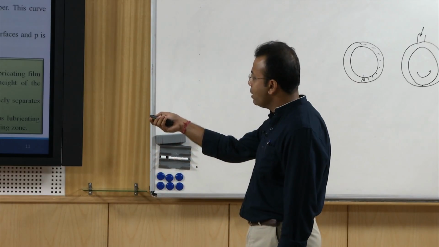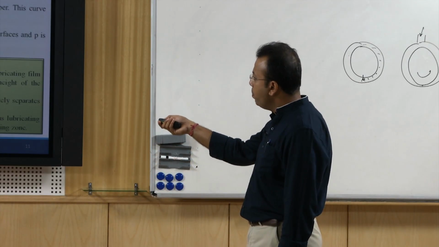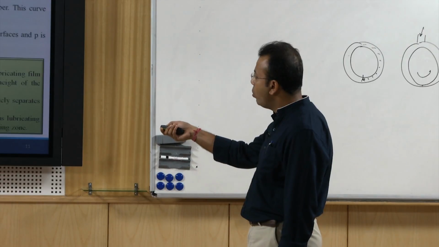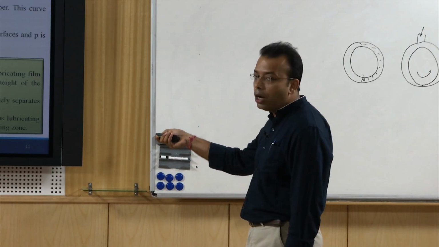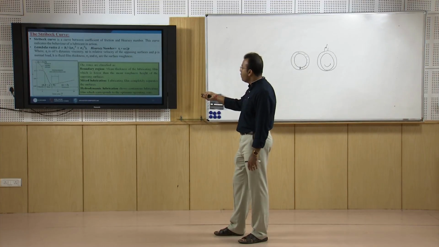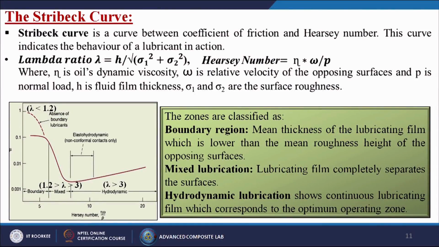So, the zones are classified as boundary region, where the mean thickness of the lubricating film is lower than the mean roughness height of the opposing surfaces. In mixed lubrication, the lubricating film does not completely separate the surfaces, and the hydrodynamic lubrication shows a continuous lubricating film, which corresponds to the optimum operating zone.